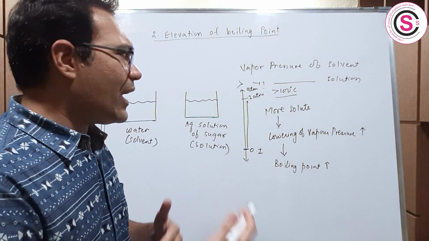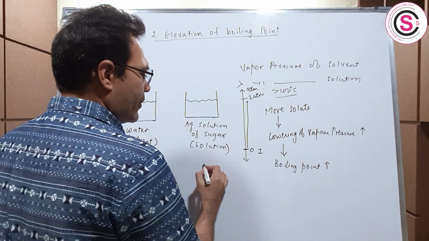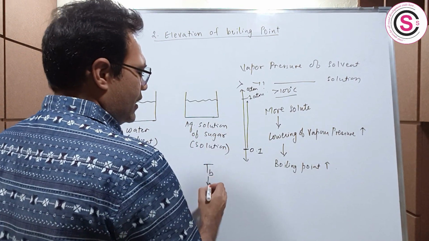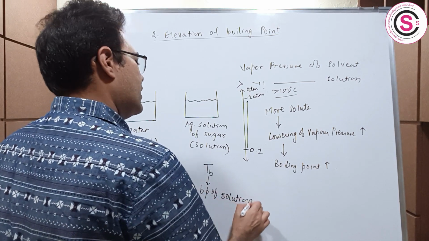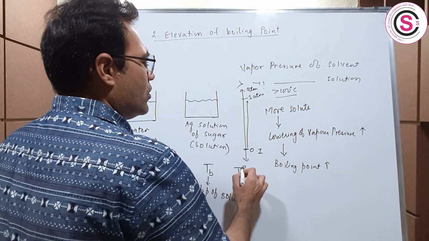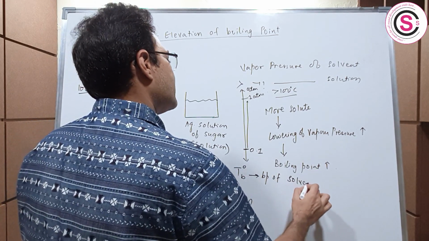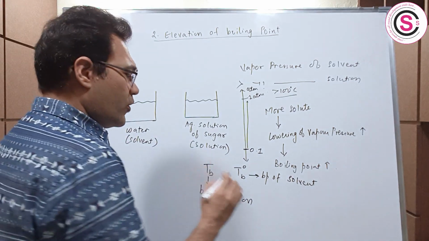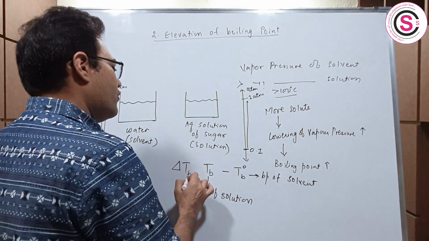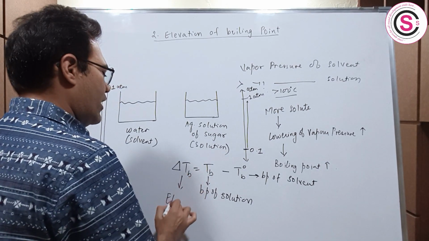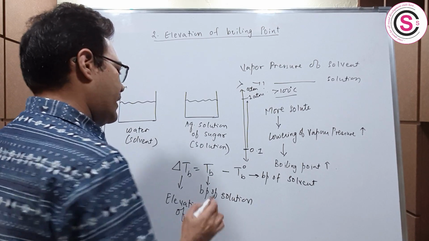So students, how can I denote elevation of boiling point? Say for example, Tb is my boiling point of solution, correct? And Tb0 is my boiling point of pure solvent, correct? So when I subtract these two, I get my elevation of boiling point, correct?